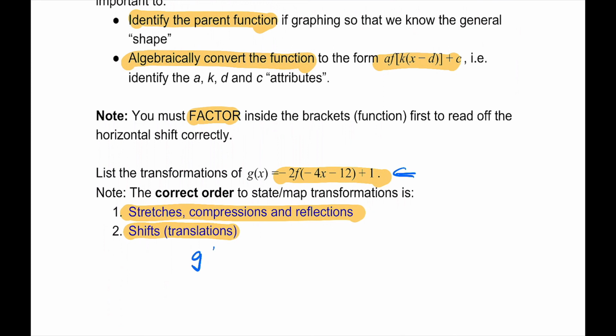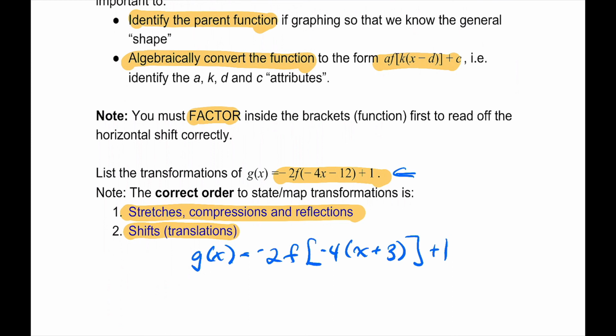So let's go g of x is equal to negative 2 f of, and so this is where the square brackets come in, because when we factor out negative 4, we are going to get x plus 3, plus 1 on the outside. So here, when we factor out the negative 4, we're actually going to get the proper shift value. In this case, we can see it's going to be 3 to the left.